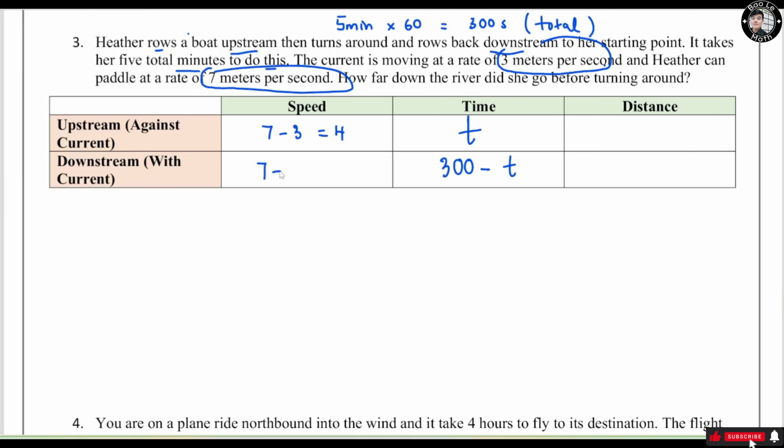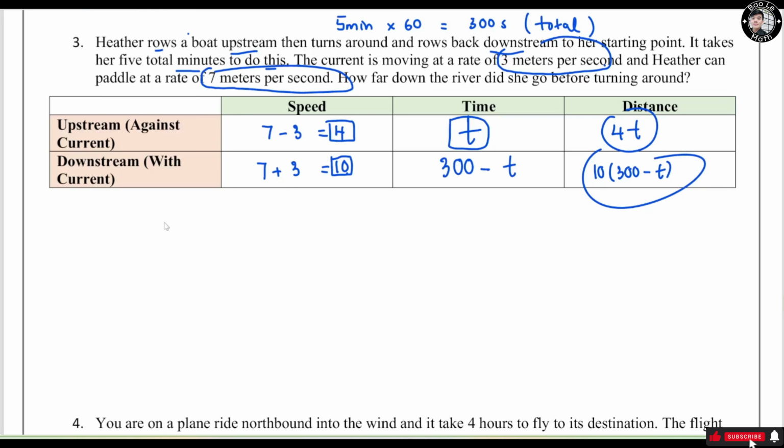So 7 plus 3 is going to be 10. We're going to use these two numbers right here. So keep that in mind, right? Now the distance, 4 times T, right? 10 times 300 minus T, right? Now we just let this one equal this one and we solve for T, right?